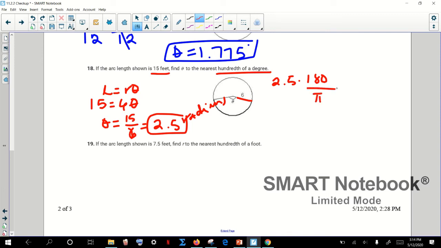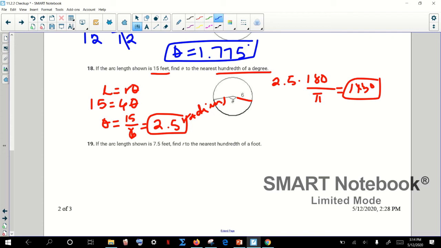So let's multiply that through. 2.5 times 180 divided by 3.14 is 143 degrees. 143. That doesn't look like it, but it is.